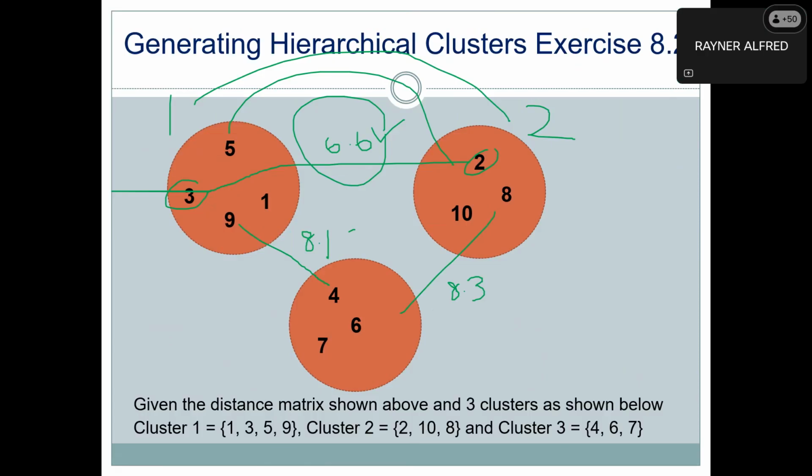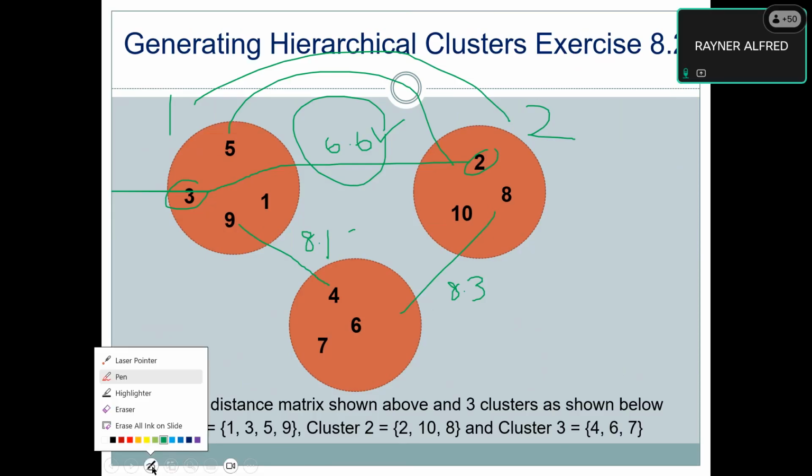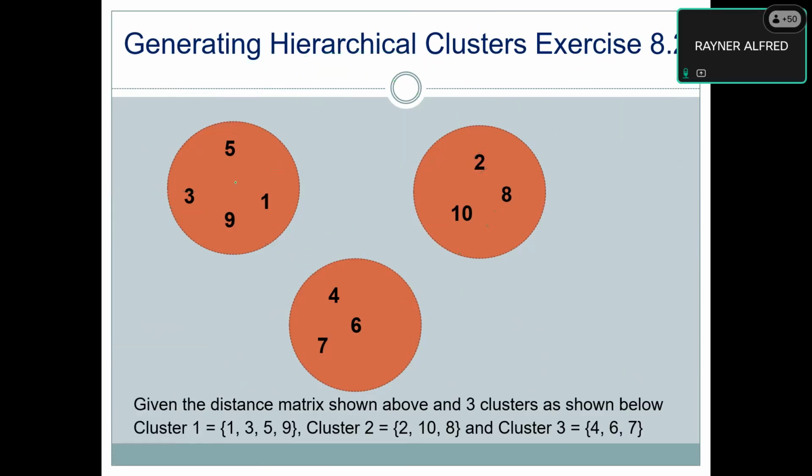Okay. And of course, if they ask you to find the cluster that we should be joining here, based on the centroid, that means we need to find the center of each of the clusters.